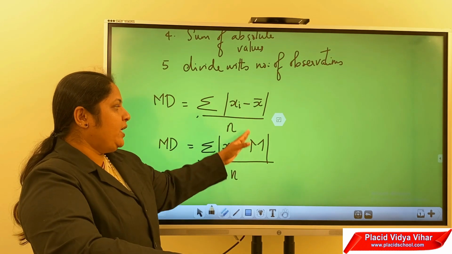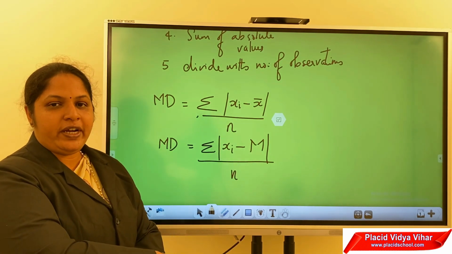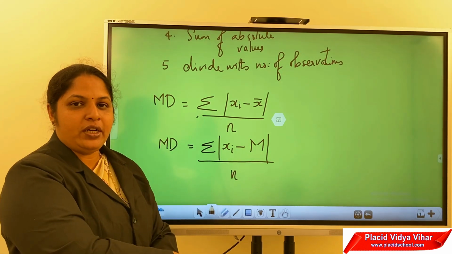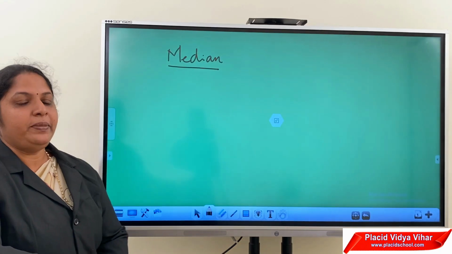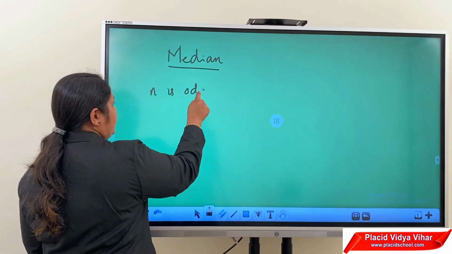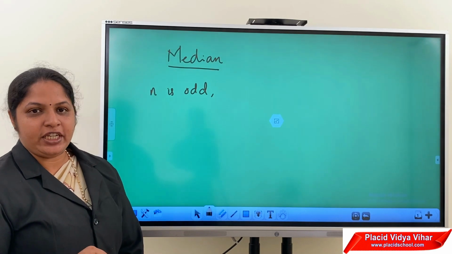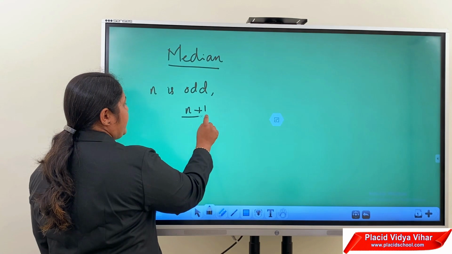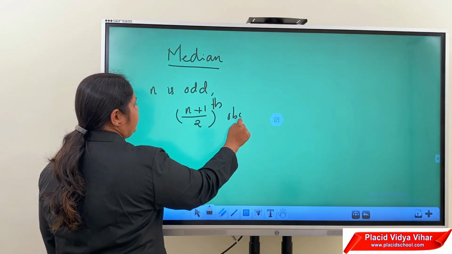How do we find the mean and median? We know it. Mean is the sum of the observations divided by the total number of observations, and median, how do we find it for discrete data or ungrouped data? If the number of observations is odd, then you have to first arrange the data in ascending order, then find the n plus 1 by 2th observation.